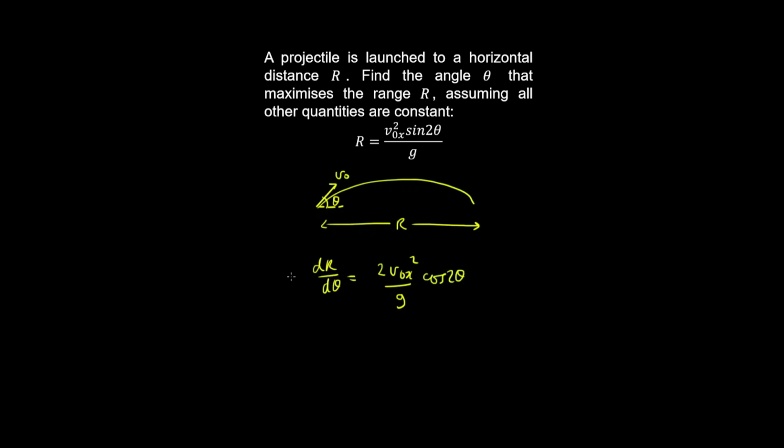If we set this derivative to 0, then cosine 2 theta is 0, and 2 theta must therefore be a multiple of pi on 2. Because the launch angle must be less than 90 degrees, 2 theta must be equal to pi on 2, and therefore theta is equal to pi on 4. So the angle that's going to maximize the range is 45 degrees.